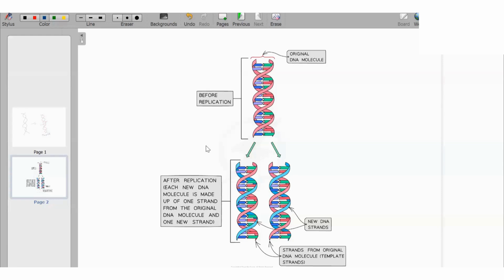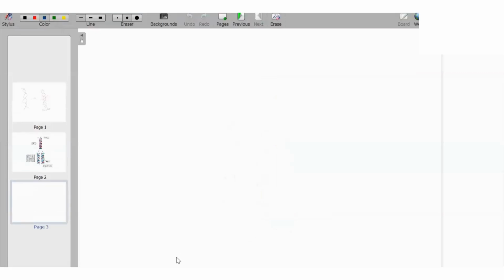The difference between mitosis and meiosis is that mitosis produces identical cells which have 23 pairs of chromosomes, while in meiosis it's gametes that are produced, which have 23 chromosomes. We call it diploid and haploid, right? Mitosis is going to be diploid.